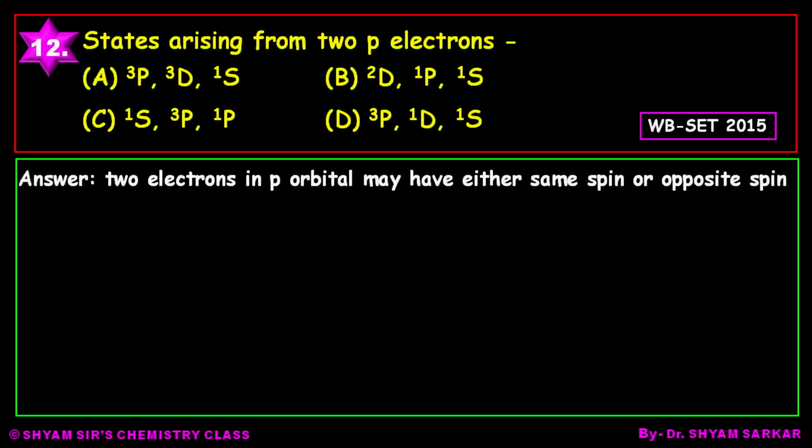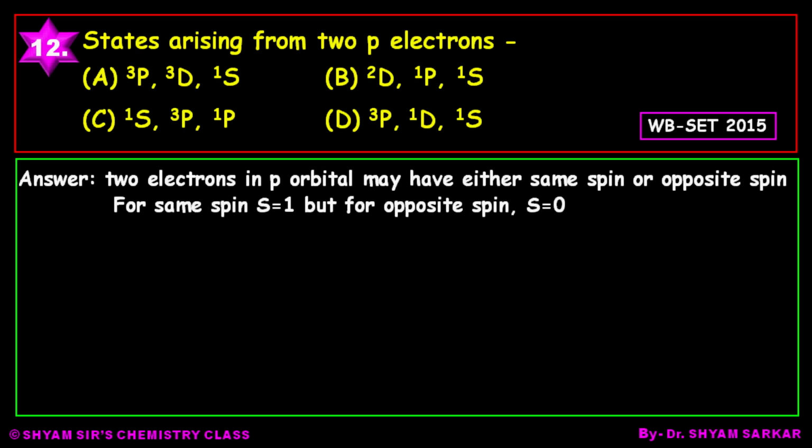For same spin, S equals half plus half, that is 1, but for opposite spin, half minus half, that is 0. So S equals 1 for same spin and S equals 0 for opposite spin. Now 2S plus 1, that is the spin multiplicity, for same spin is 3, and for opposite spin it is 1.